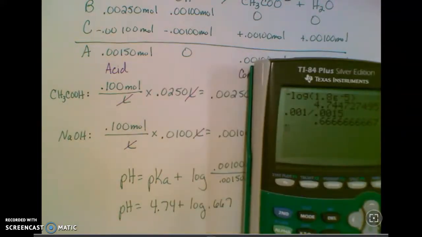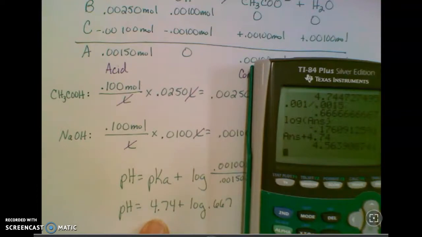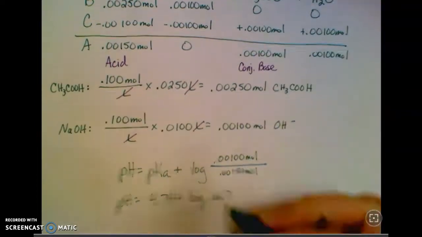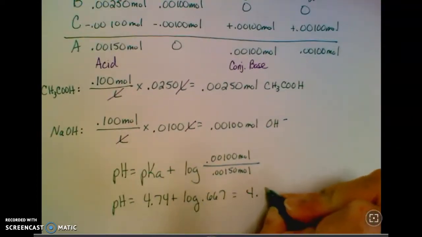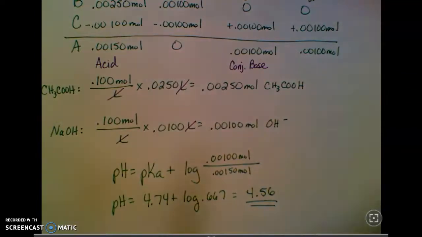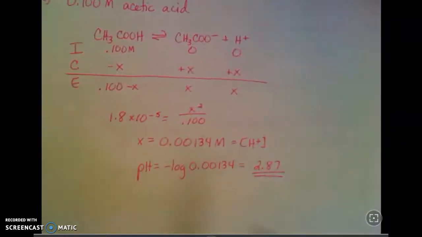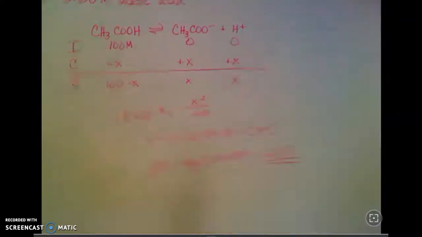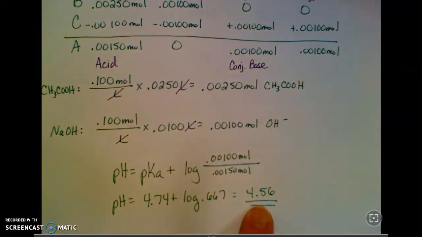So take the logarithm of that number, add that to 4.74, and you get 4.56. And if you think about what your calculations are here, we know it's got to go up. I started with 2.87. I end up with a higher pH.